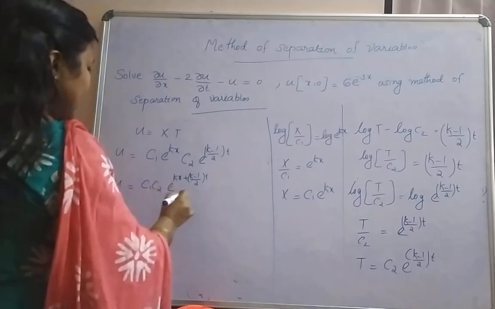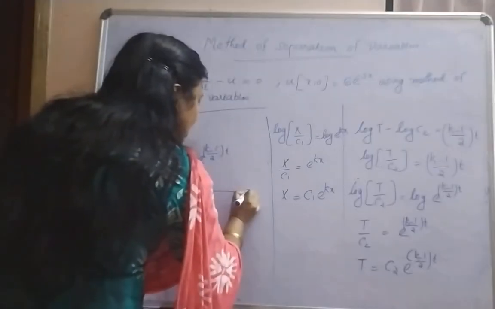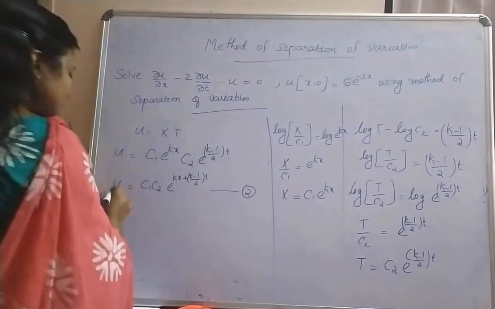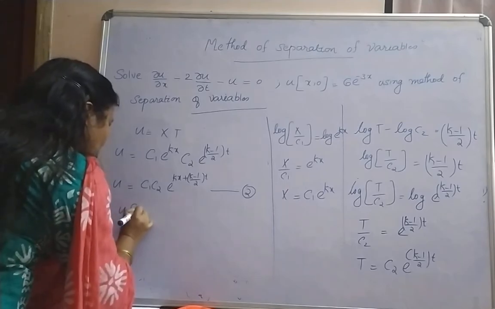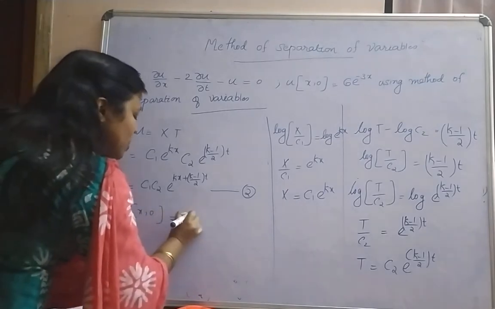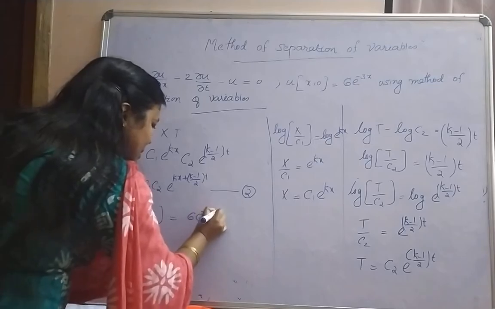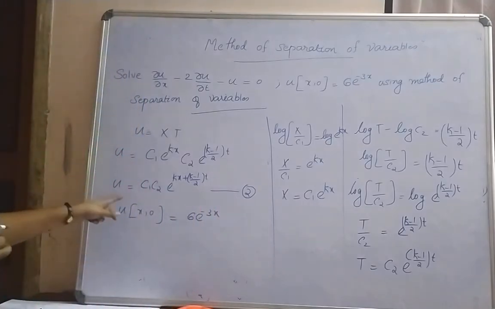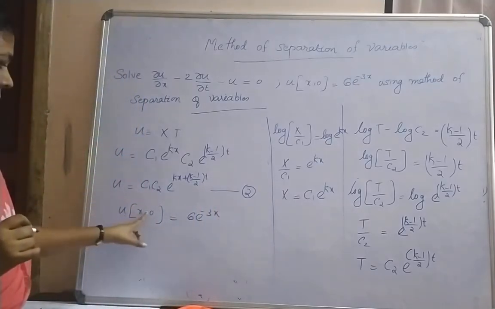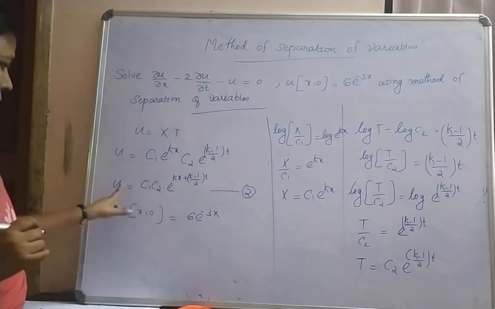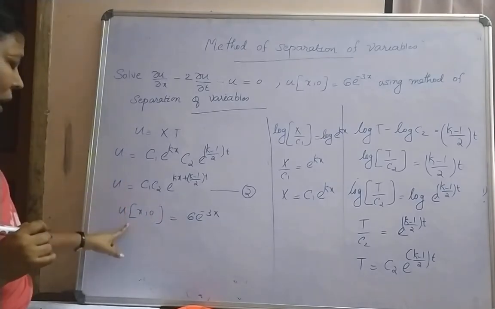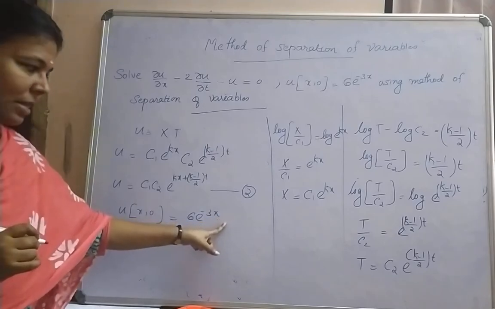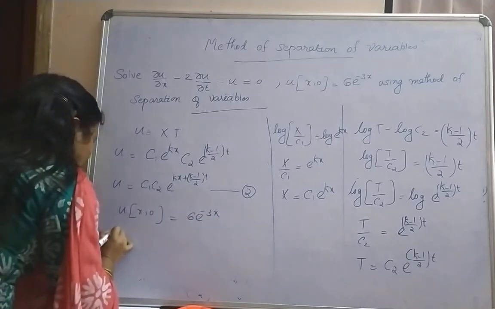Applying the condition, put it as equation number 2. Our condition is u(x, 0) equal to 6 e raised to minus 3x, which means when applying t equal to 0 in u, we get u as 6 e raised to minus 3x.